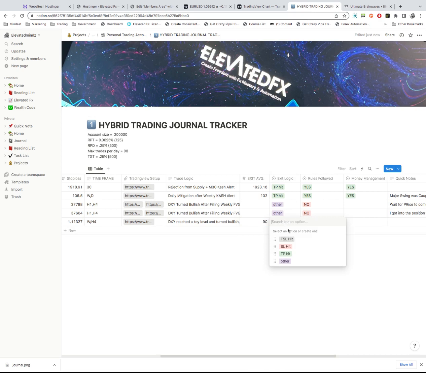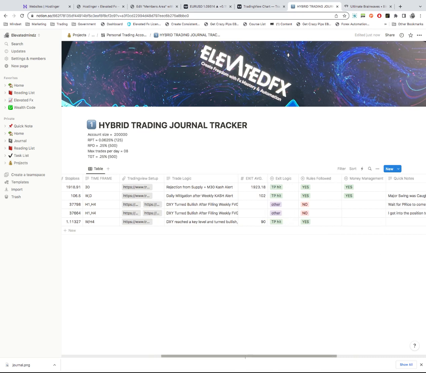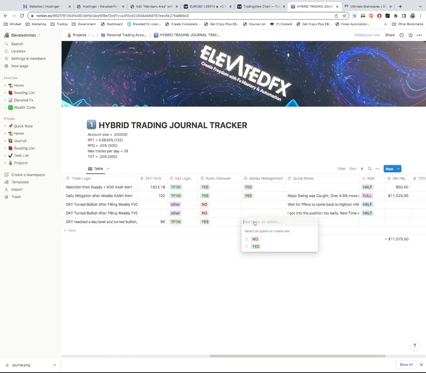And my exit logic is take profit hit. Rules followed, yes. And money management, yes. And mind you, we're just doing examples on this. So none of this data is accurate. Don't mind that.